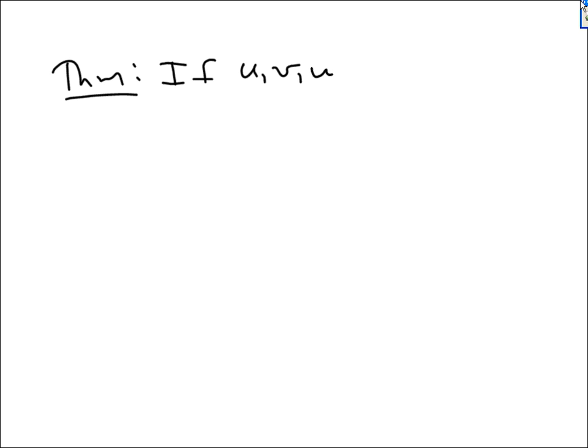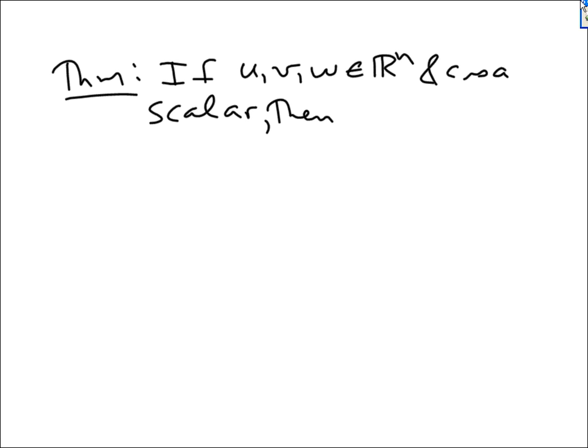Theorem. If U, V, and W are vectors in Rn, and C is a scalar, some real number, then the following facts are true. If you dot U with itself, you're always going to get bigger than 0 if U is not the 0 vector.